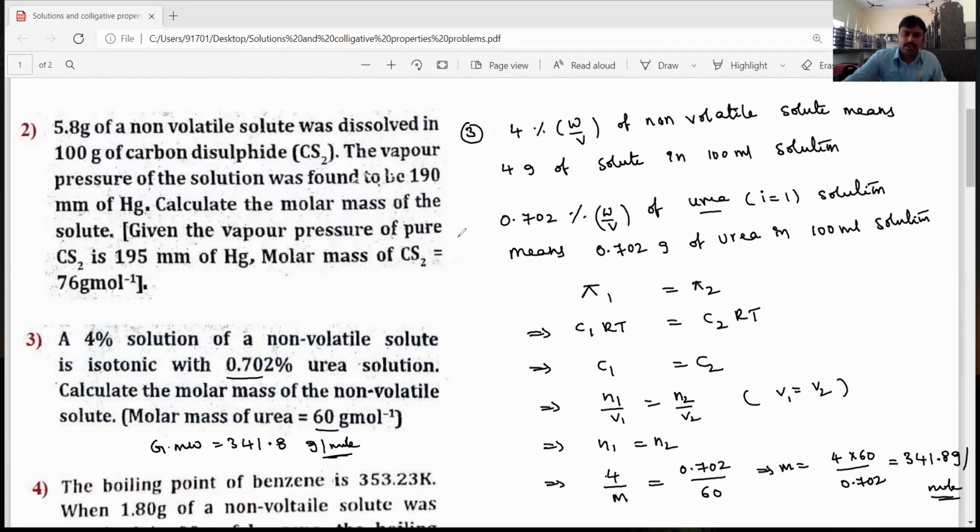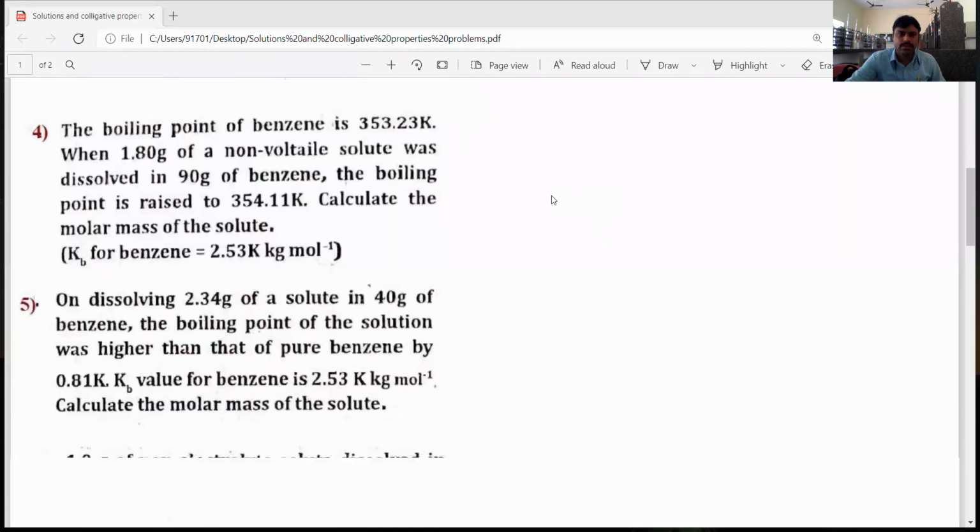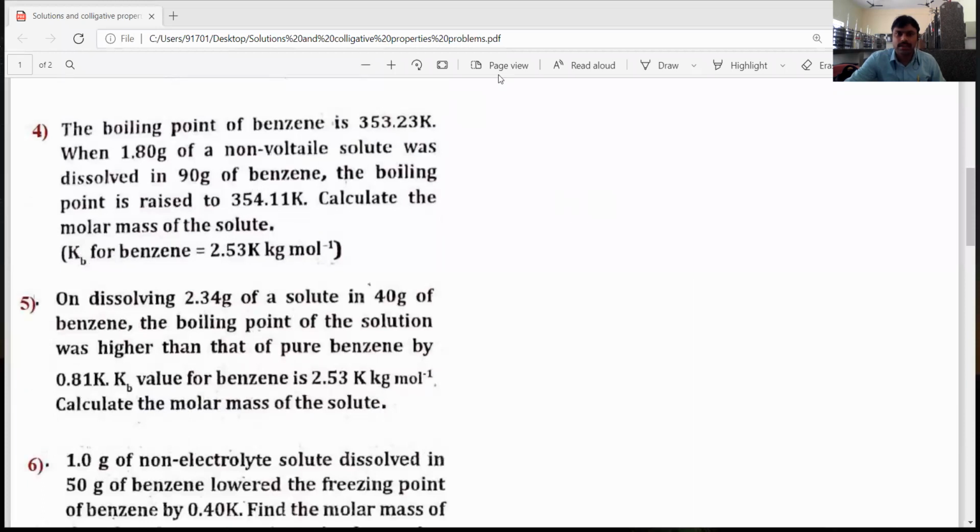Okay, let's see, dear students, the fourth question. What is the given fourth question, dear students? If you observe, the given fourth question is on the elevation of boiling point concept. Read carefully, dear students. The boiling point of benzene, the solvent, that is T0, is 353.23.